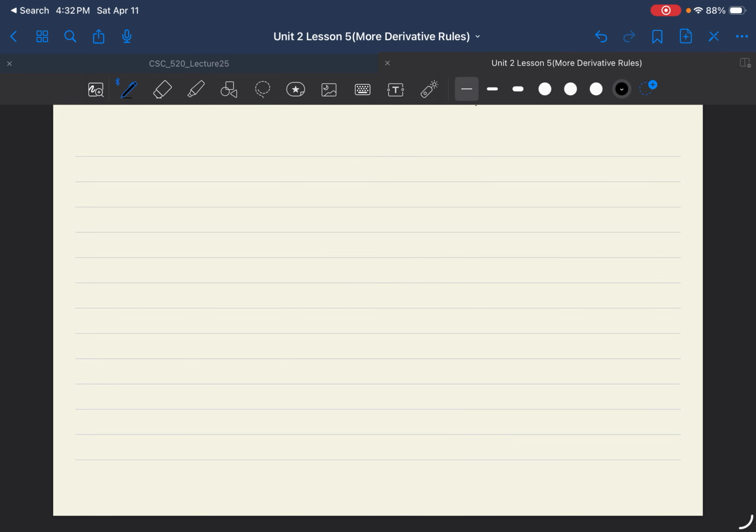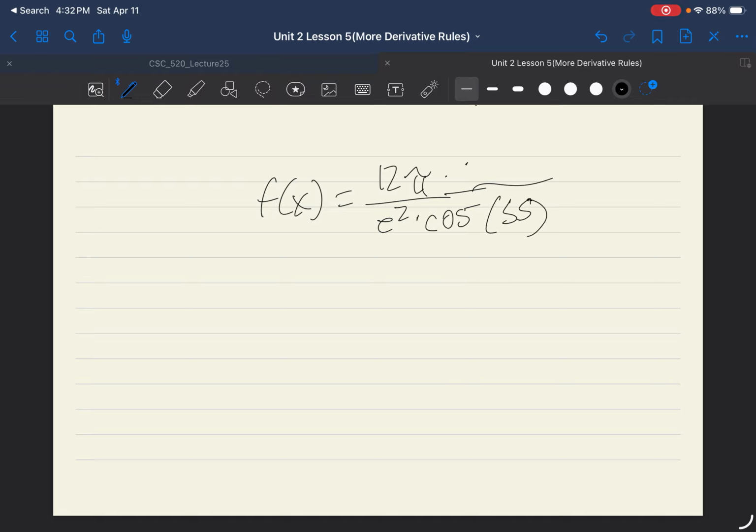No matter what constant you have up front, f of x equals 12 pi divided by e squared times cosine of 55 times sine of 102.6 times e to the power of x. f prime of x is going to be equal to the exact same thing.